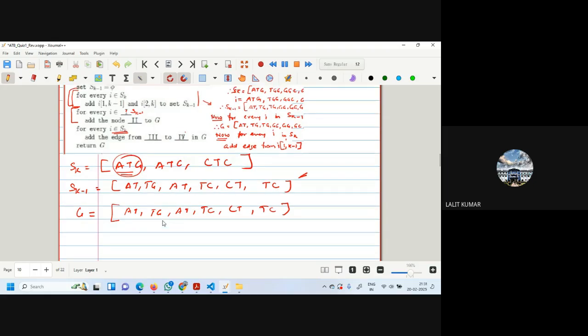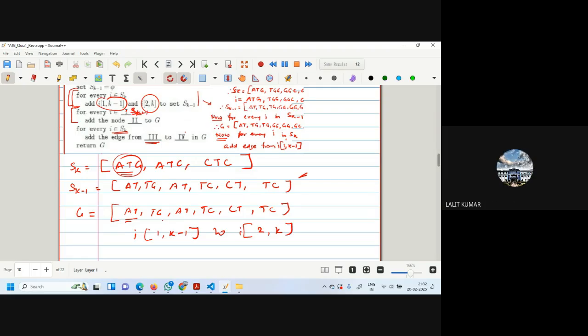From which to which will I add? I take the clue from here: I'll be adding from I 1 to k minus 1 to I 2 to k. This is how I can get the intuition to find the solution. Is that okay with everyone? Yes.